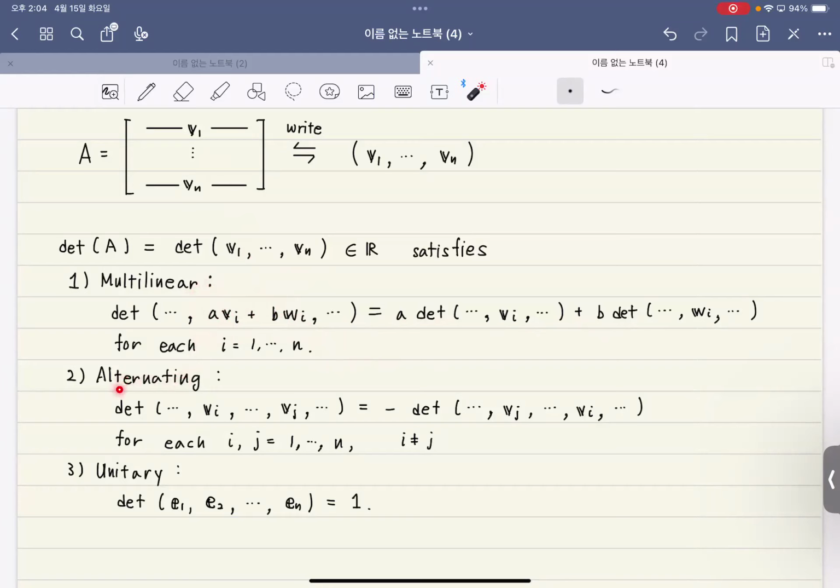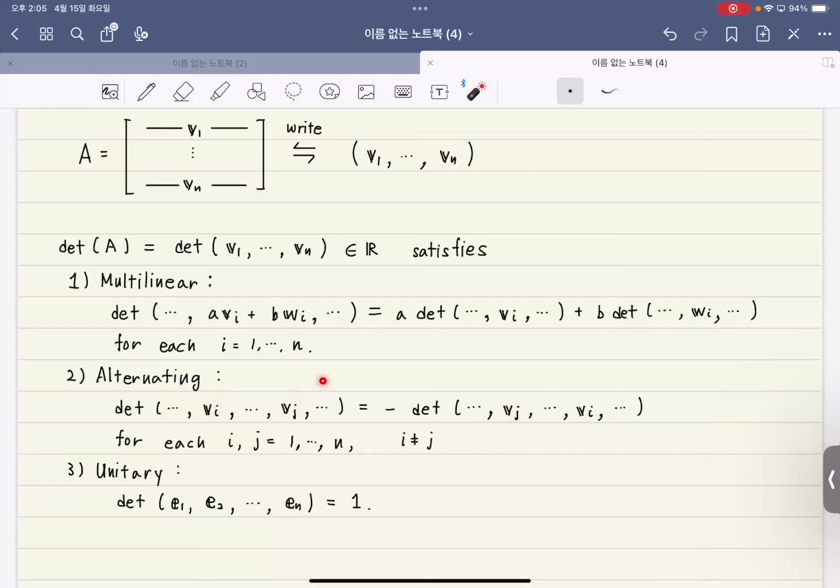And number two, this function, determinant of A, must be alternating. So what is alternating? Suppose that I swap the order of these two row vectors. You have to be very careful. This is the i-th position and this is the j-th position.